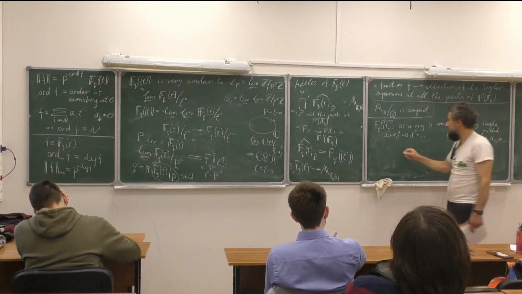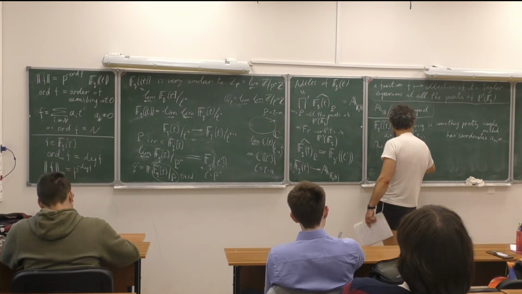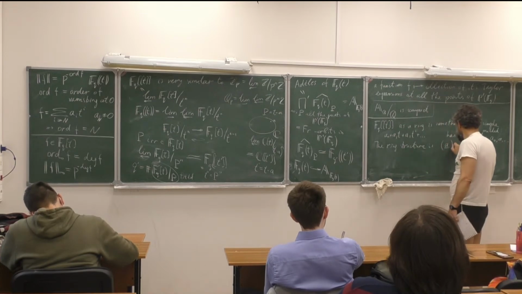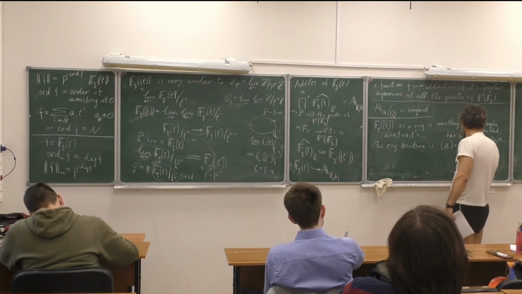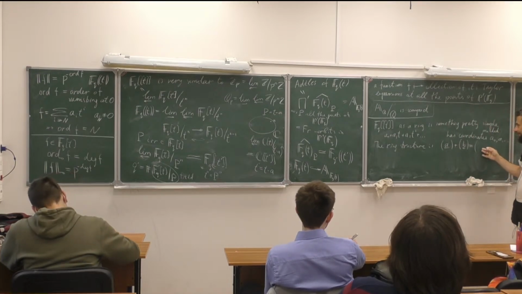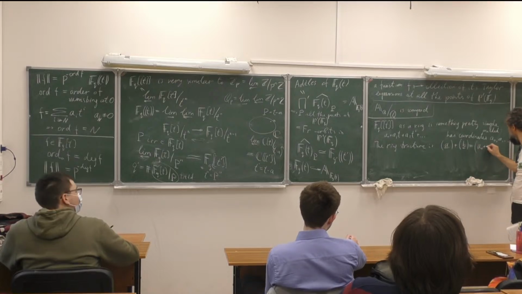And the ring structure is, you take a plus b, and what do you get? What is the zeroth coefficient of the sum? a0 plus b0.